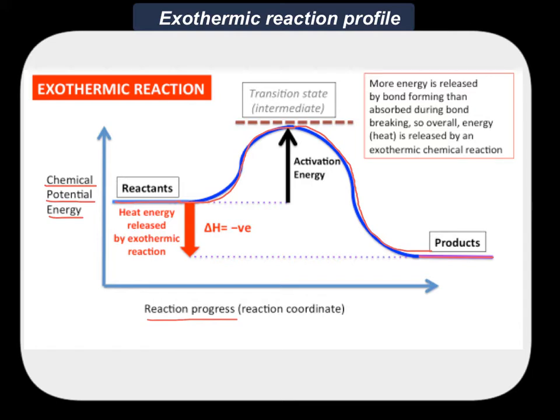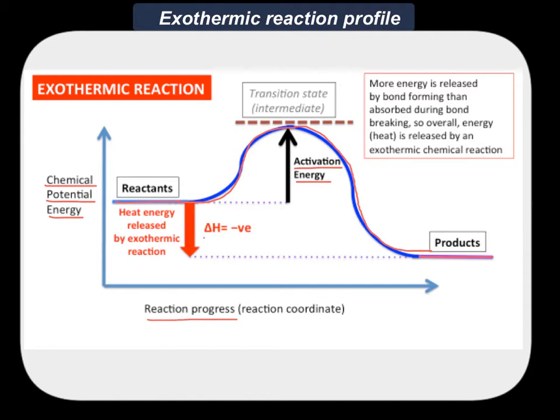Now we've already mentioned this activation energy, so what we're concentrating on in this lesson is the red arrow. The red arrow is pointing down, and you can see that it's labelled as the heat energy that's released in this exothermic reaction.